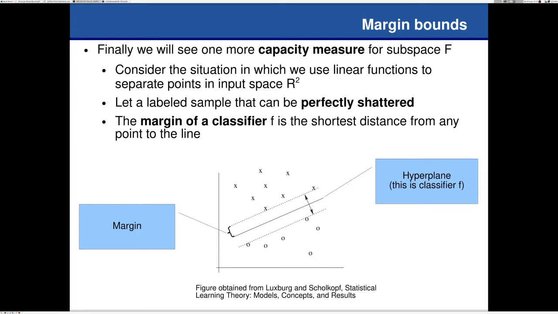So we say it's going to converge faster to zero. And this is quite interesting, and that's the origin of the support vector machines. So when we talk about support vector machines, we are especially talking about the margin bound.